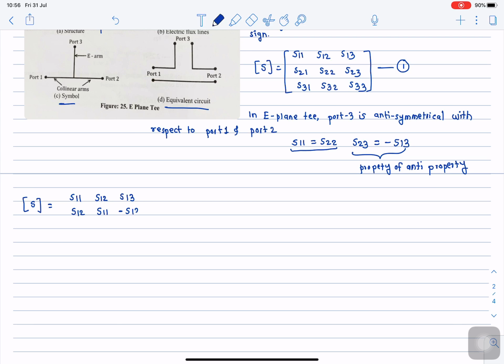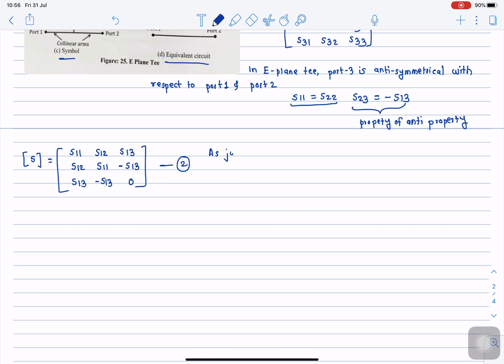Similarly in the third row, S31 I will write as S13, S32 I can write as minus S13, and S33, as the third port is perfectly matched, I will write as 0. This is equation number 2. The junction is ideal and should be lossless, so I will write: junction is assumed to be ideal and lossless.